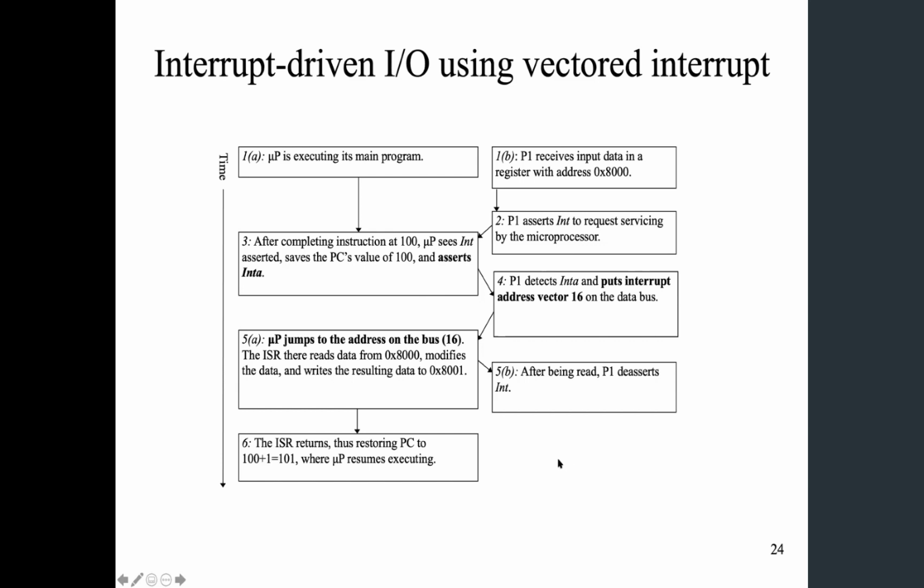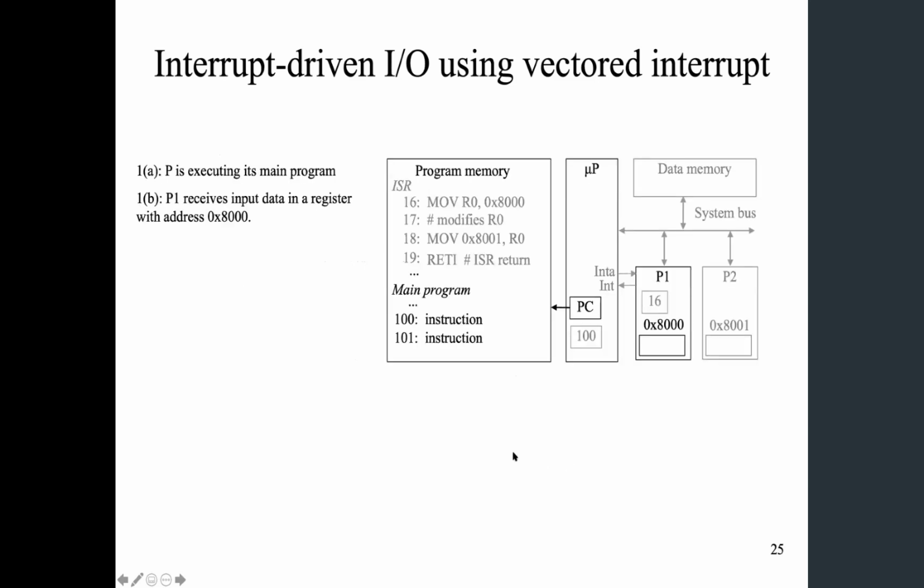Okay, so let me again show this. We've seen this. We have the microprocessor here. We have peripheral devices on the other side. We have our program memory with the main program and interrupt service routine. And we have the program counter. The buses are the same, although we have one more pin related to interrupt.